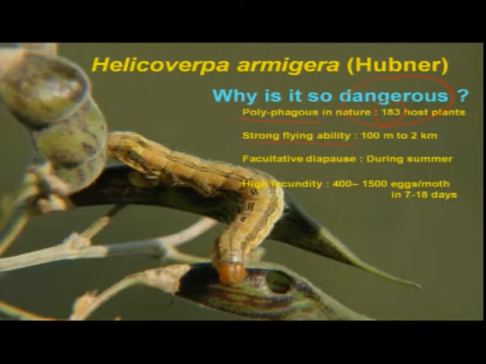This insect, particularly the adult, can move up to 2 kilometers, and the insect has a temporary or facultative diapause to overcome the adverse hot temperatures during the summer months. It also has very high fecundity, varying from 400 eggs to 1500 eggs per month, which are laid in about 7 to 15 days, particularly after the cloudy period.